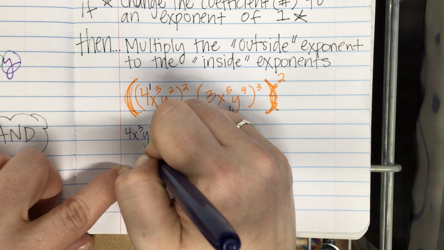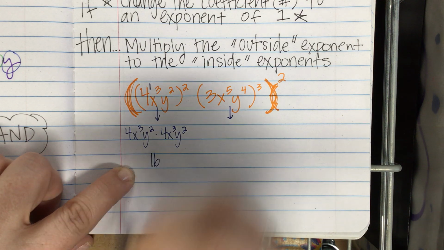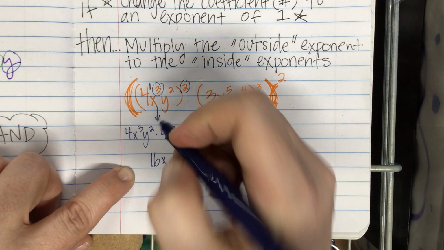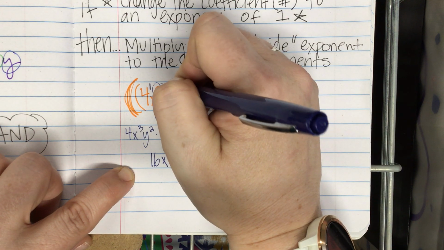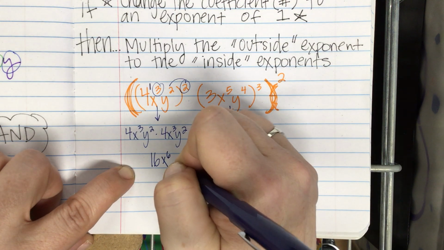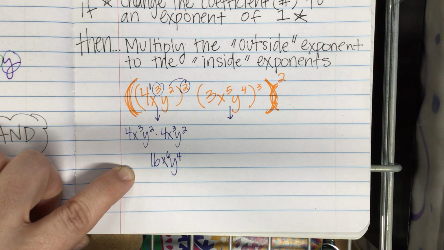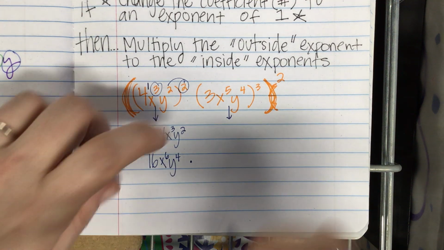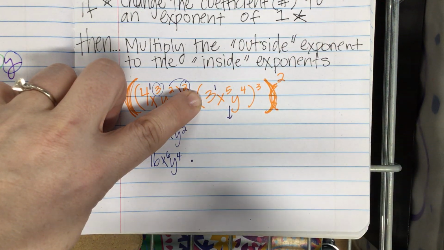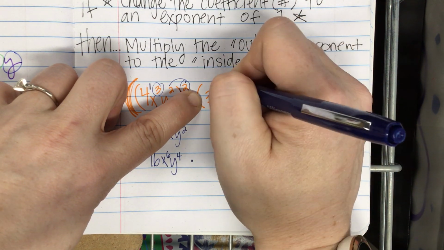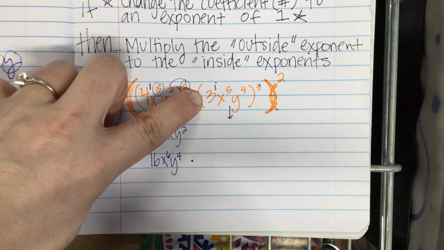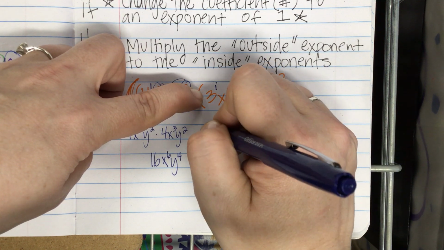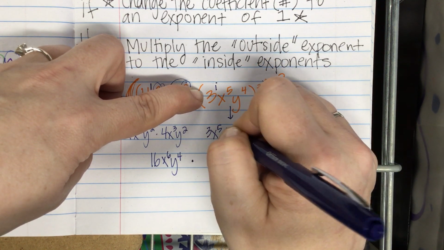So I get 16 x to the 6th y to the 4th times 3 times 1 is 3, so that's 3 to the 9th, or 3 to the 3rd, which is 27.